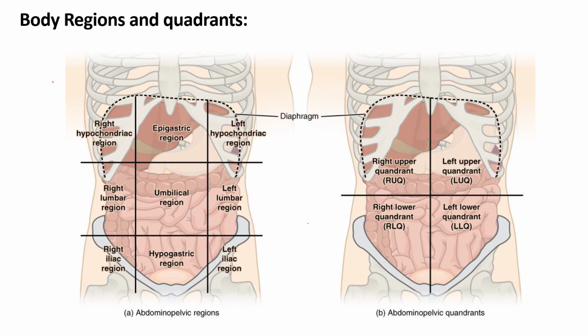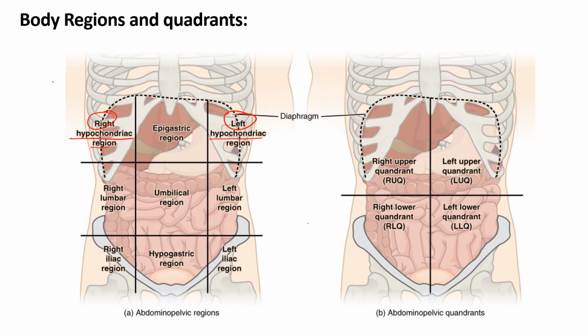So epigastric, epi means besides, or on top of. All right, so this area, which is on top of the gastric, on top of the stomach, is the epigastric region. Then we have the left and right hypochondriac region.